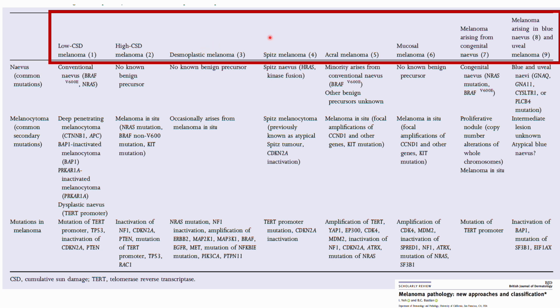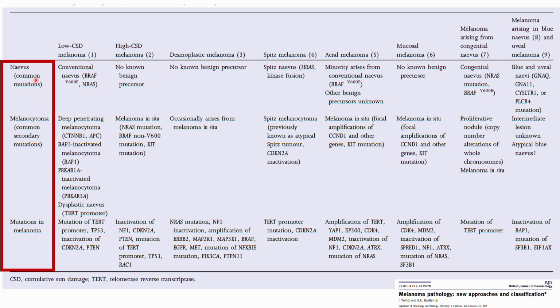Then desmoplastic melanoma, Spitz melanoma, acral melanoma, mucosal melanoma, melanoma arising from a congenital nevus, melanoma arising in blue nevus and uveal melanoma. And as you can see, the Spitz melanomas have a Spitz nevus driver, so HRAS or a kinase fusion, and this would be, for example, an ALK kinase fusion or an NTRK kinase fusion or a ROS1 kinase fusion. In contrast, the conventional melanomas have BRAF and NRAS drivers.